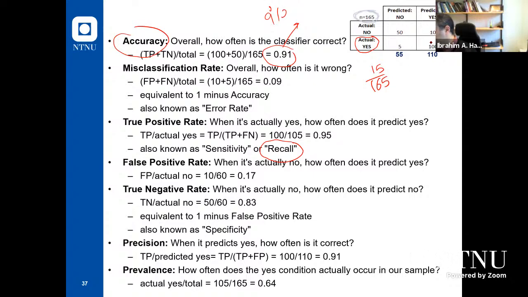So it will be 100 divided by 105, because the total here is 105. We call this sensitivity or recall. So this recall is very, very important. We have also precision. What is precision?